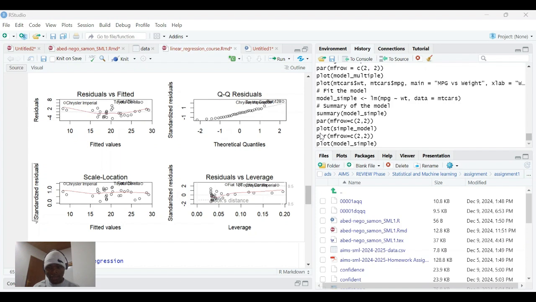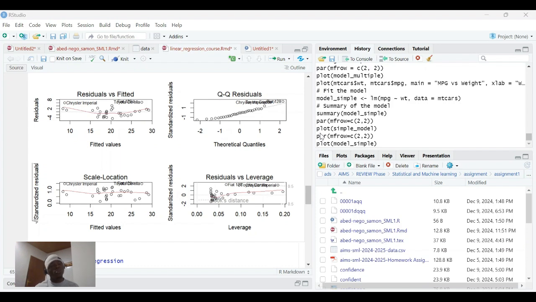This can tell us that the relation between the variables is not perfectly linear, so we cannot fully rely on a linear relation to express the relation between our y and the x. That's what we can conclude from the first plot.